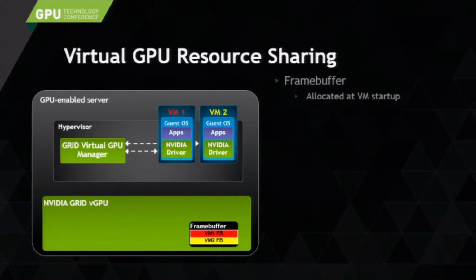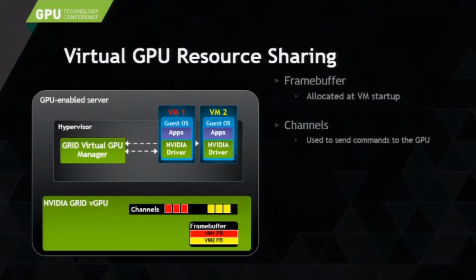Each virtual GPU is allocated a number of GPU channels. Channels are the means by which the driver sends API calls directly to the GPU hardware, and they're accessed via the GPU's PCI Express base address register, or BAR.